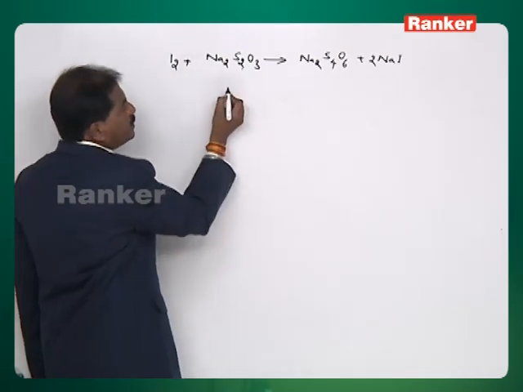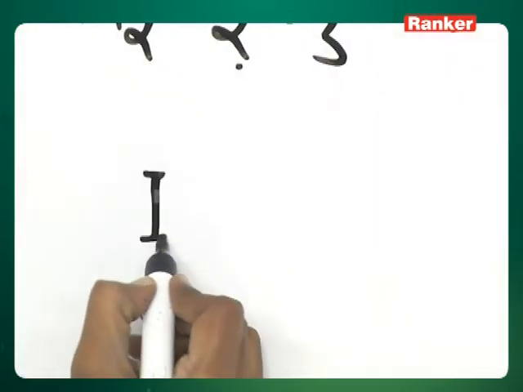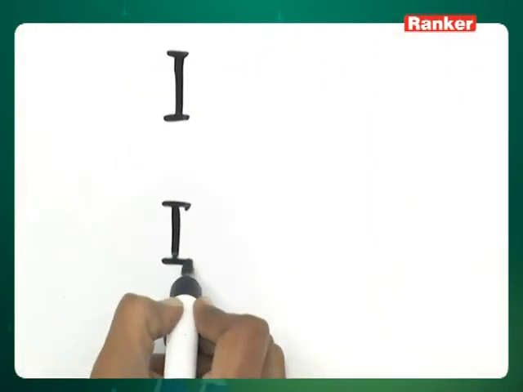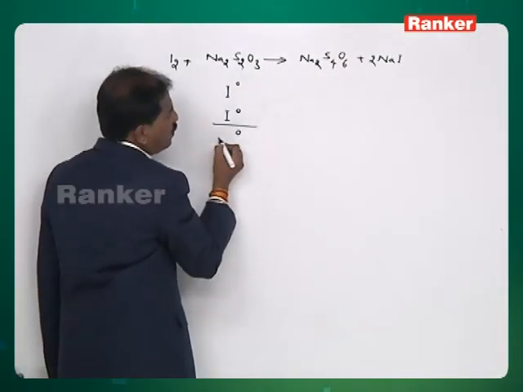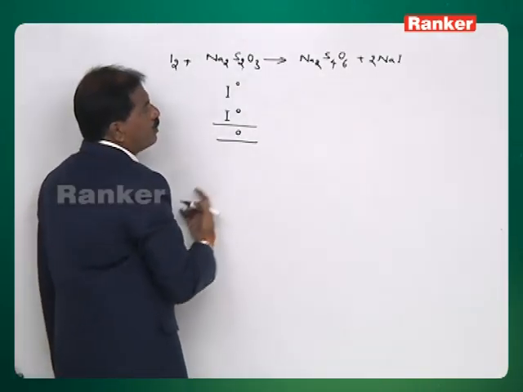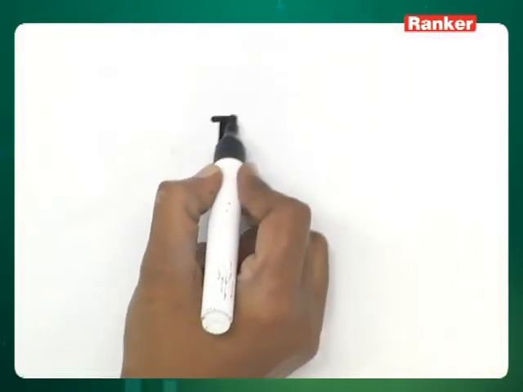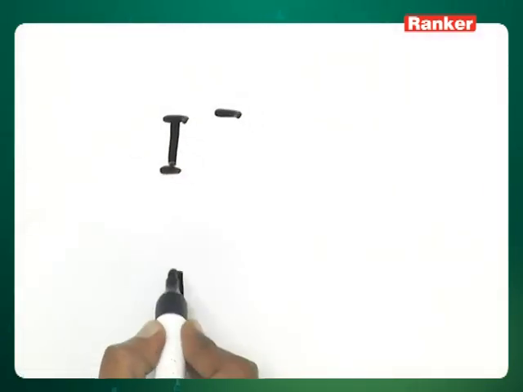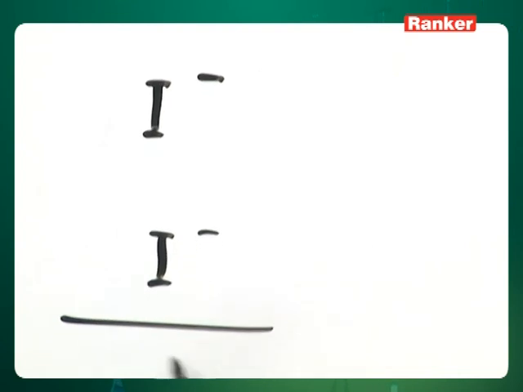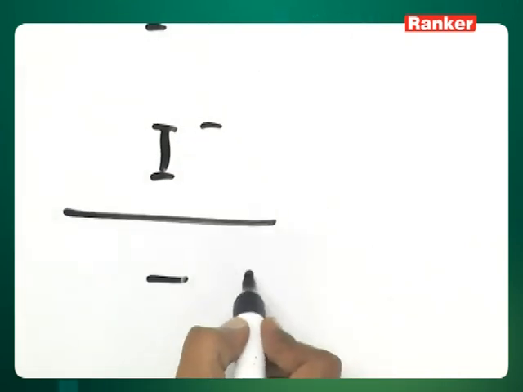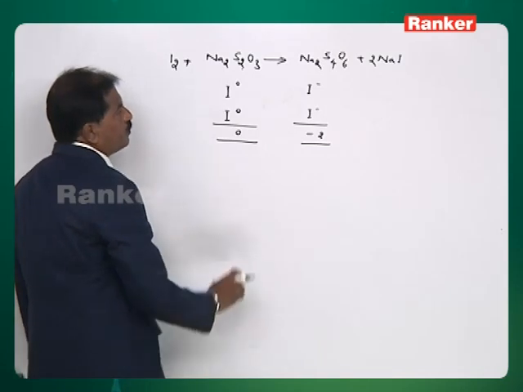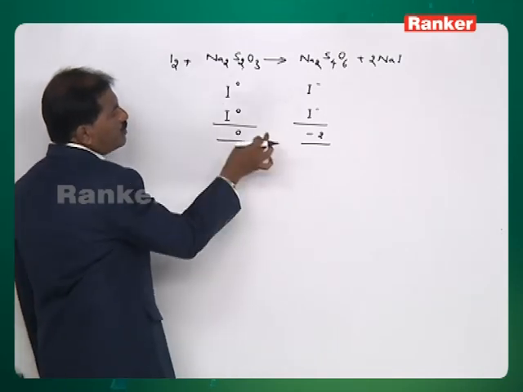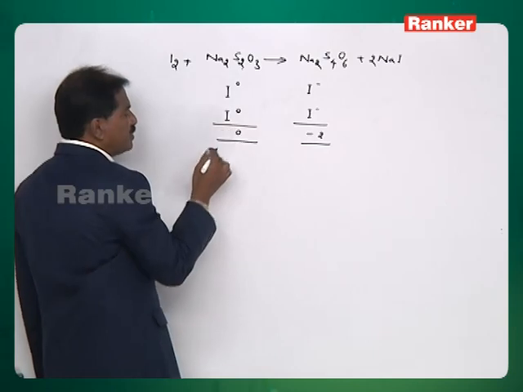Here in this reaction, one molecule of iodine is participating. The oxidation state of each iodine atom on the reactant side is 0. Therefore, total oxidation state is 0. On the product side, each iodine atom is exhibiting the -1 oxidation state. Therefore, total oxidation state here is -2. Therefore, one molecule is gaining 2 electrons.